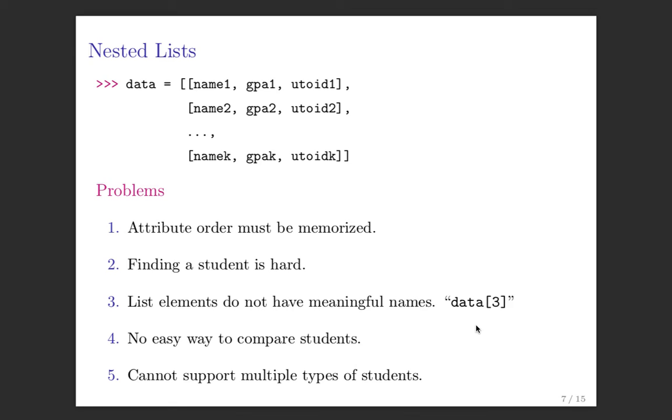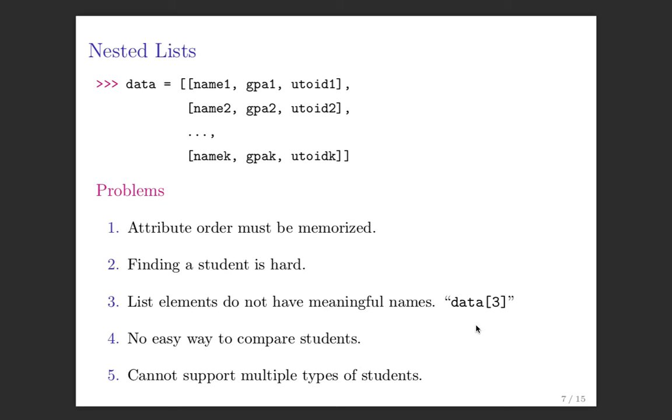Second thing that's hard about this, how do you find a student in this? You have to walk all the lists and look at the first element, right? That's not very efficient. When you're programming, none of these things are going to have meaningful names. You're just going to have data at 3, which is going to be a triplet of student information. That's not very useful to look at.